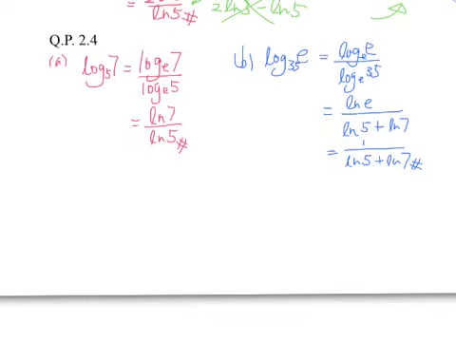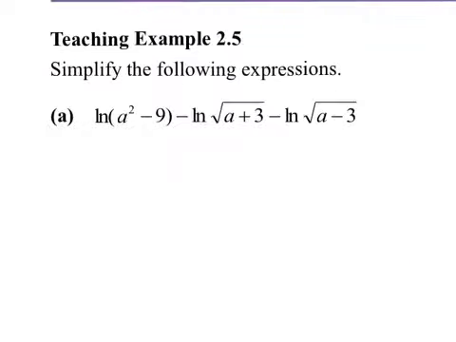Now your turn to do QP 2.4. So simple, just have a look. Let's go to page 3. Teaching example 2.5 part A. I would like to expand that part. a squared minus 9, by identity, is equal to a plus 3 and then a minus 3.